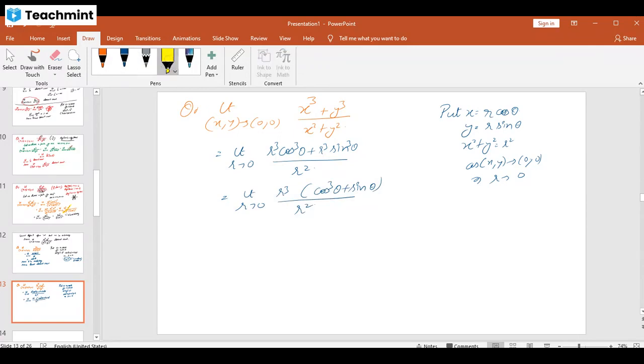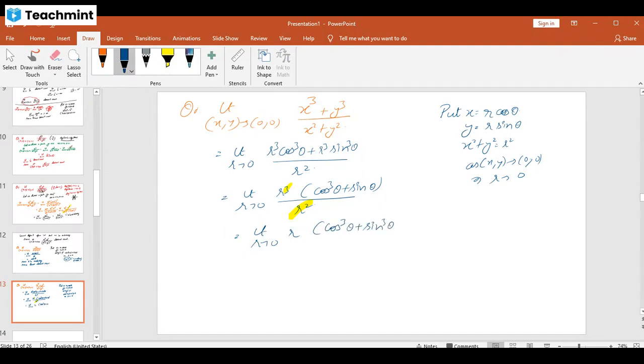Now you can see here 2 powers of r get cancelled out. So we are left with limit r approaches 0, r into cos cube theta plus sin cube theta.